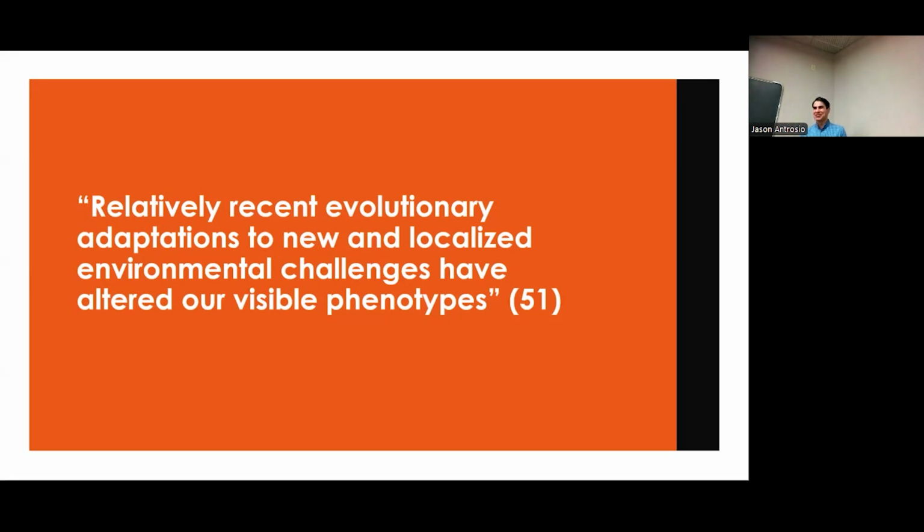So in the last class, I told you that the hidden solution, the hidden big issue of this chapter, is in the bottom of page 51, which says that relatively recent evolutionary adaptations to new and localized environmental challenges have altered our visible phenotypes.